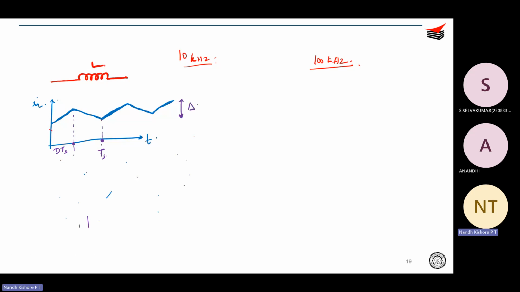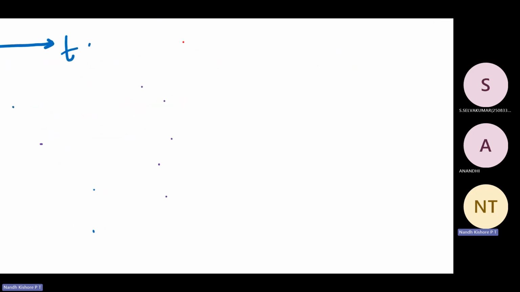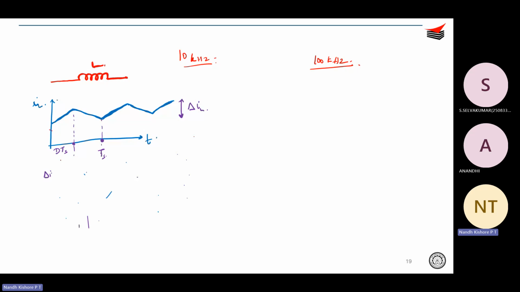I will call it delta IL. So delta IL is your peak to peak ripple. I have given you two possibilities, one is 10 kilohertz and one is 100 kilohertz, for the same duty and same inductance.